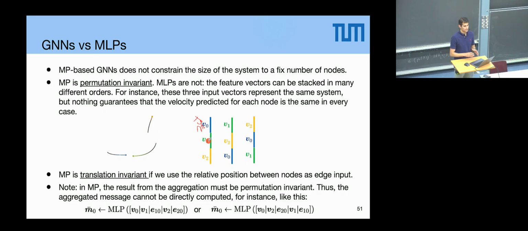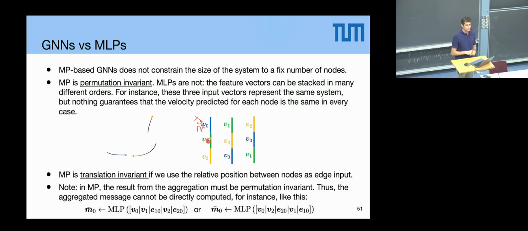If we have an extra node at inference time, because instead of having 3 we have 4 or 5 or whatever, this MLP will not work because it can only handle a fixed number of inputs. We will need to train another model. So graph neural networks with message passing are much more general in these terms.